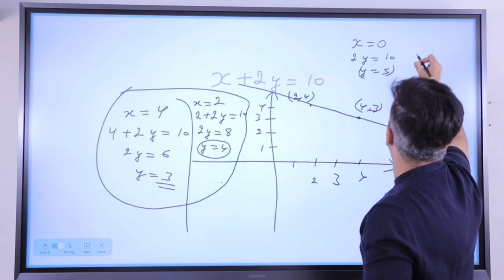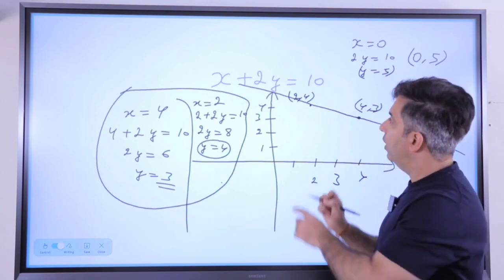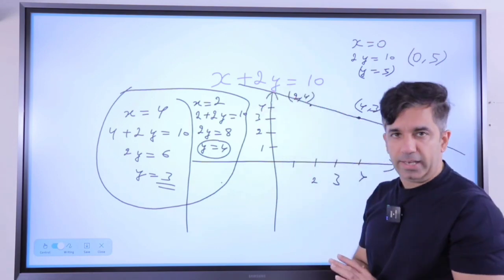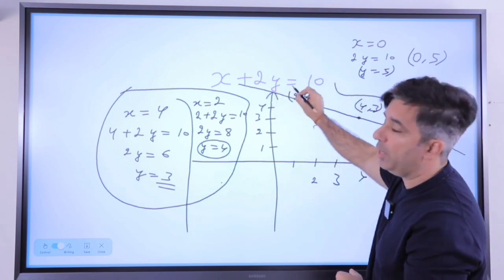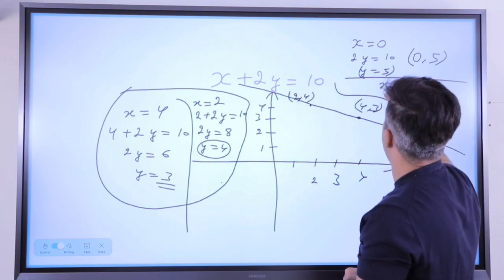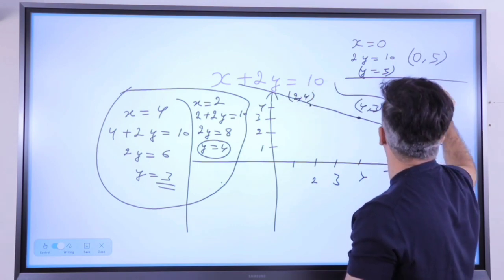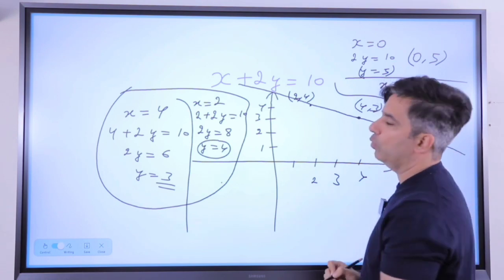So one point is x is 0 and y is 5. Now come back to the equation once again and take y as 0. When I take y as 0, we get x plus 0 is equal to 10, meaning x is 10 and y is 0.